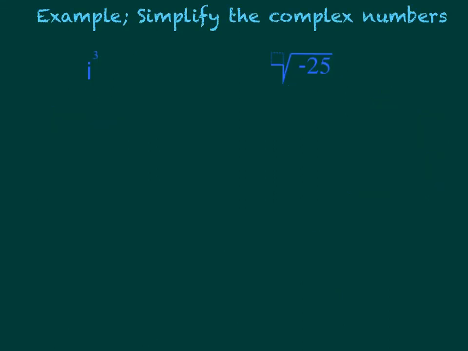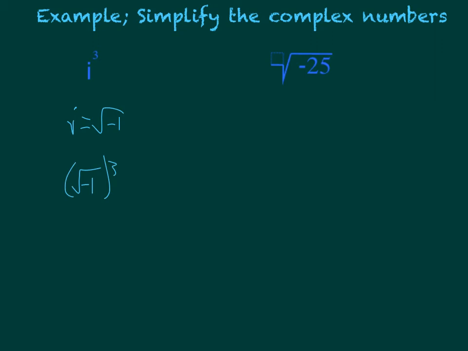For this next example, we have i cubed. Well, again, we can work backwards. Instead of starting with the square root of a negative number, we're starting with i. That's fine. But we know that i is equal to the square root of negative 1. So if we just replace the i with the square root of negative 1, the square root of negative 1 cubed, what that means is we have 3 of them.